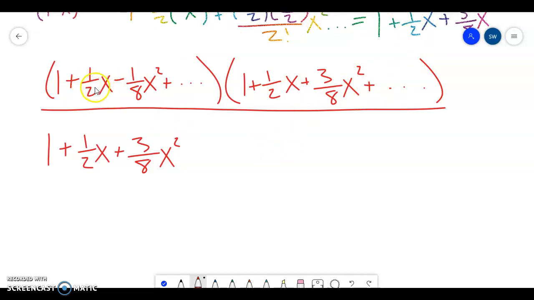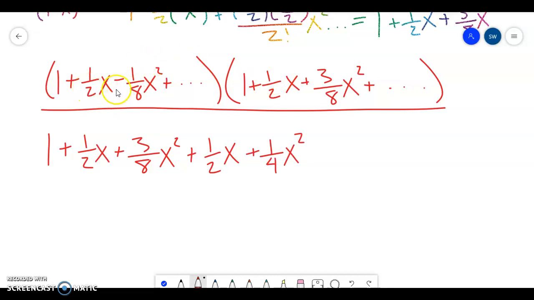So let's move on to this. Let's distribute this 1/2 x into this, only caring about terms up to x squared. The first term is just 1/2 x, because 1/2 x times 1. Then the next term is 1/2 x times this 1/2 x, so plus 1/4 x squared.